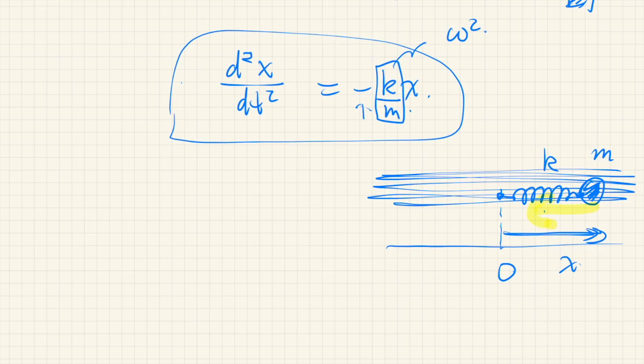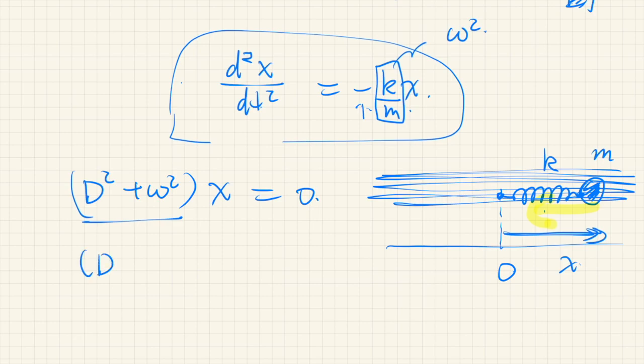So this is the second derivative, that will give us D squared plus omega squared, x equal to 0. Let's factorize this one: (D minus i omega)(D plus i omega) x equal to 0, where i is the imaginary unit, the square root of minus 1.